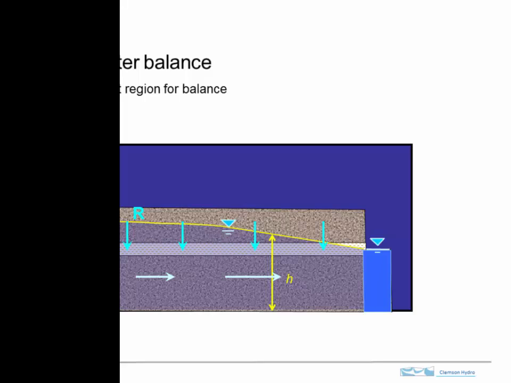All right, so the first thing that we need to do is to assume that we have this water balance or conservation of mass. And the approach that we'll use to implement this is the same approach that we used at a larger scale, and that is that we'll assume a region over which the balance is going to take place.